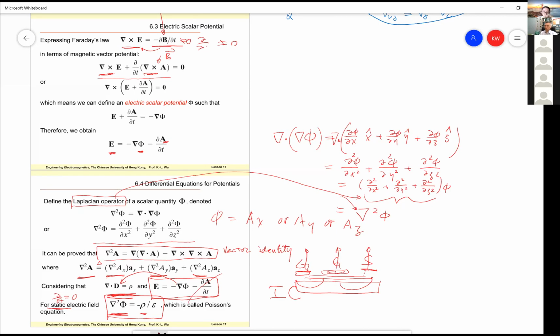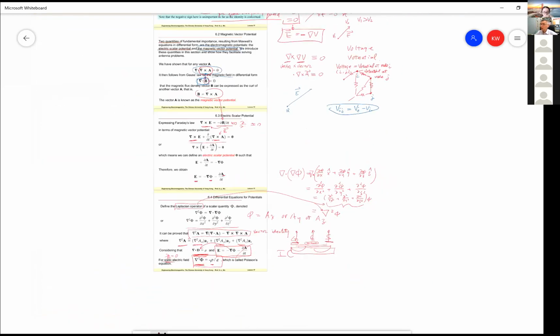This is just an approximation, but this is already beyond the scope of this subject.